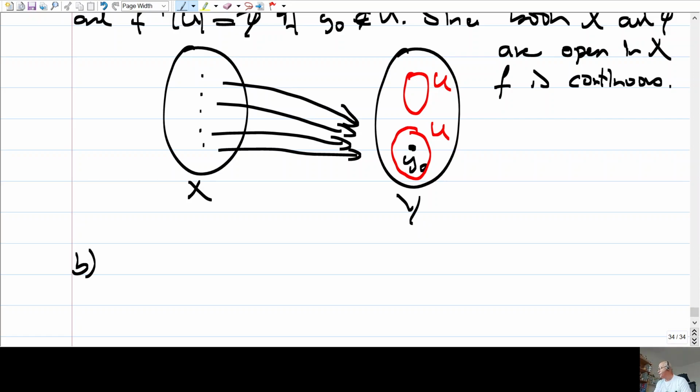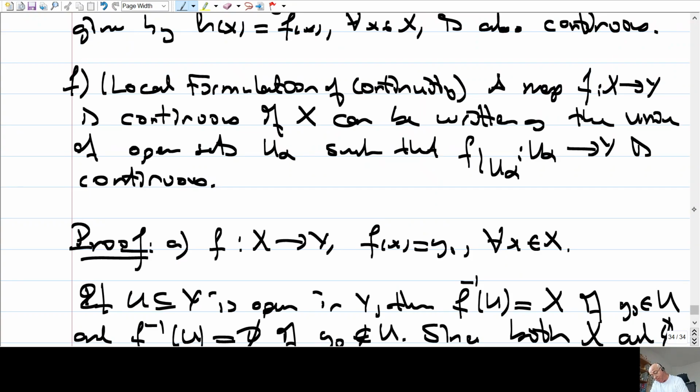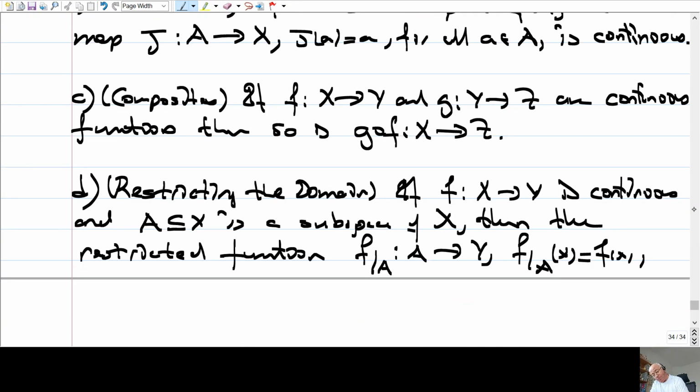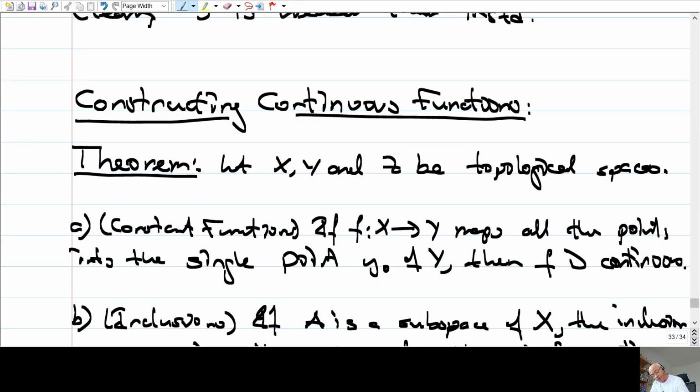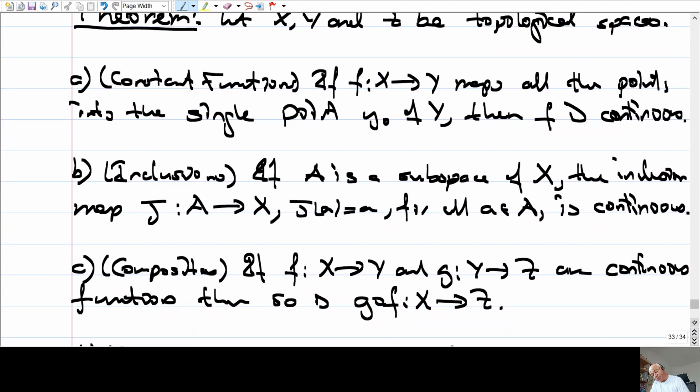B was the inclusion, I guess. Yes. Okay, here is the statement. Inclusion. If A is a subspace of X, then this inclusion is continuous.